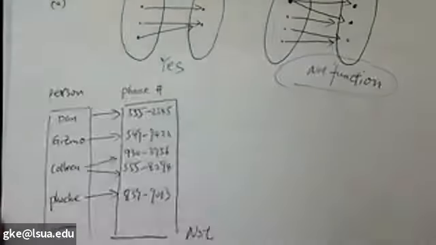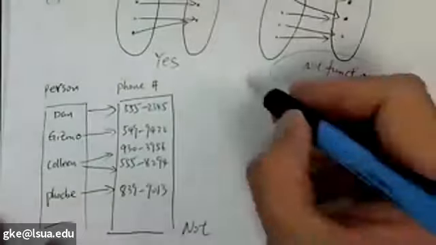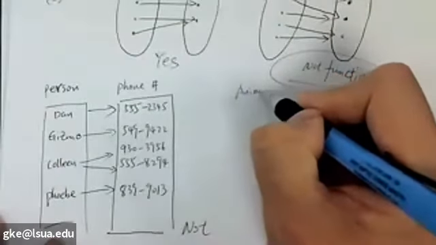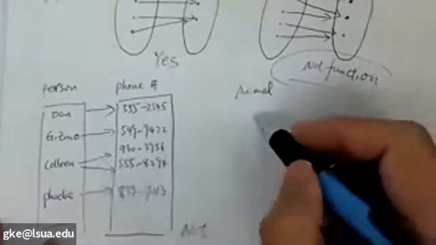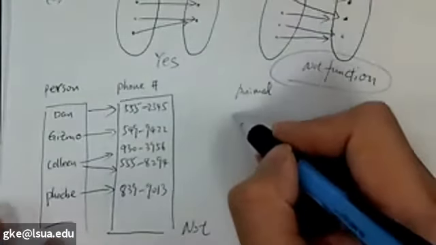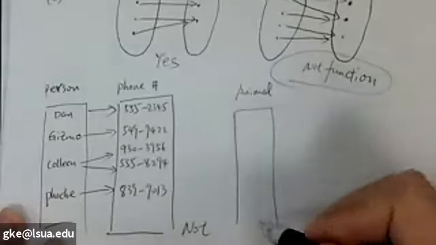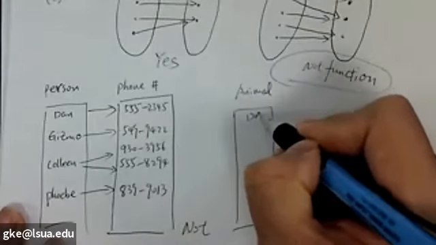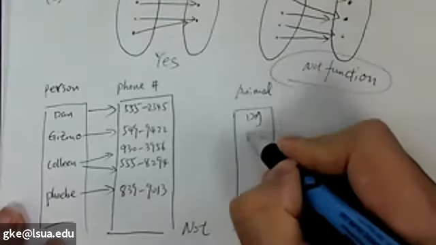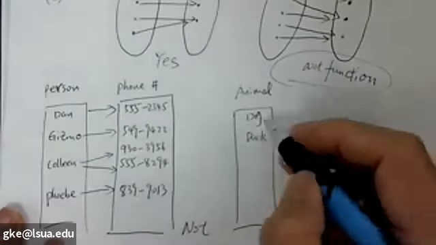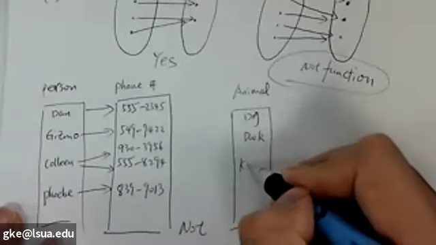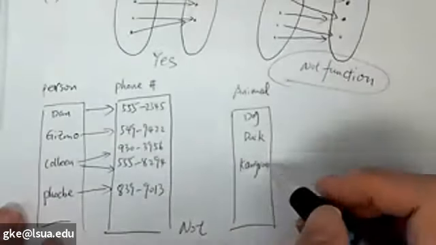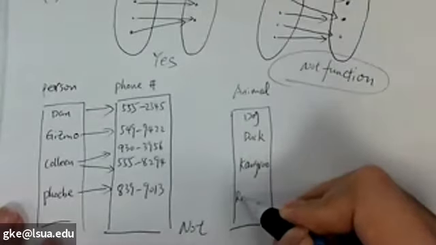Now let's take a look at another one. Animal: dog, dog, kangaroo, kangaroo, rabbit.